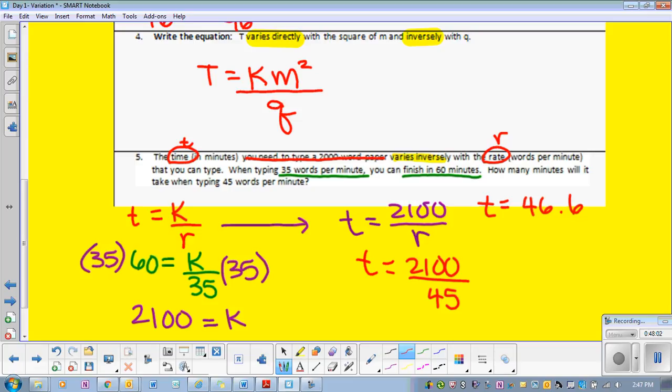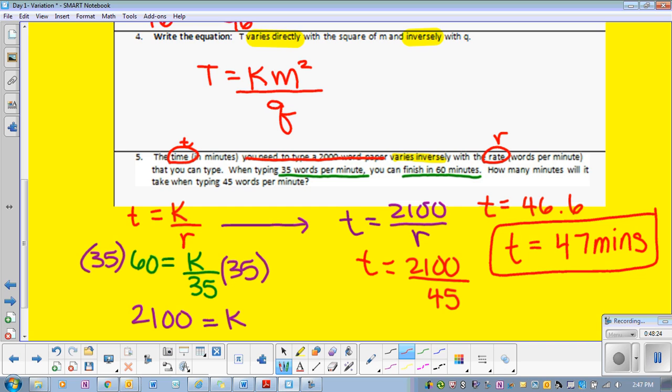The only time you would have to get so precise that you would put decimals with the time is maybe if you're a scientist and you really need to have it down to significant figures. All right, things like that. So we'll just say it's going to take 47 minutes.